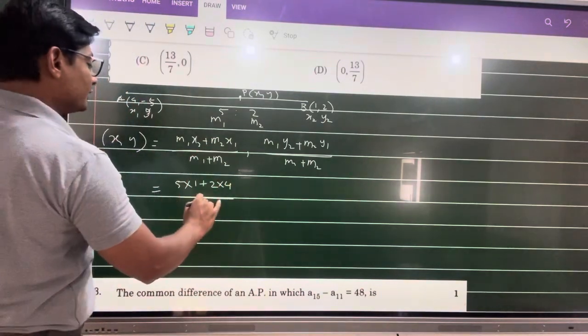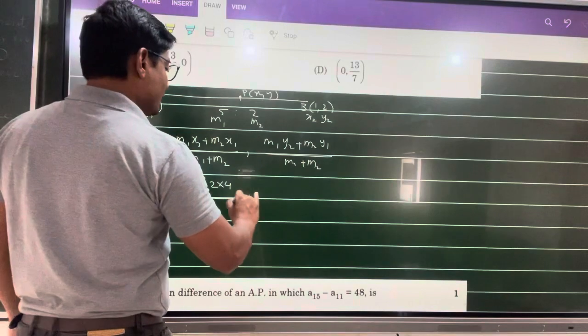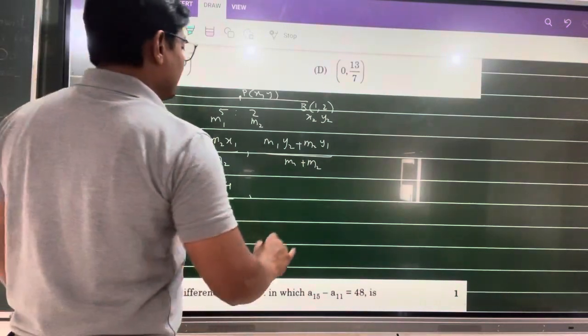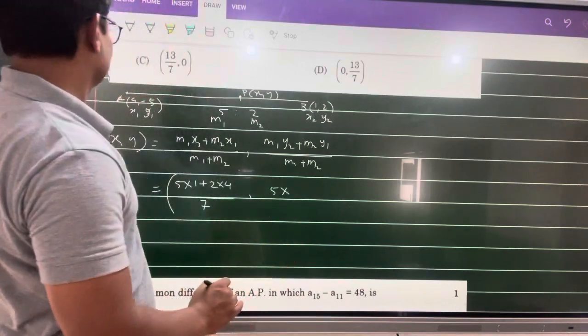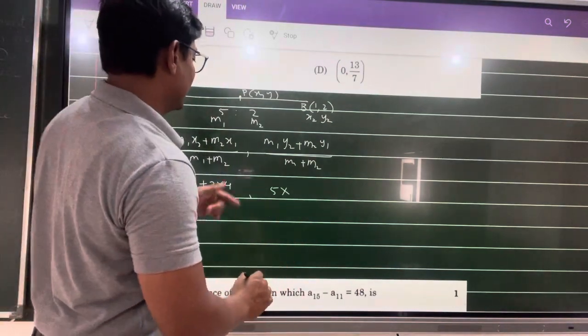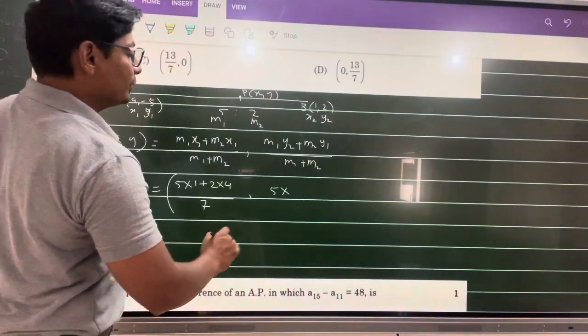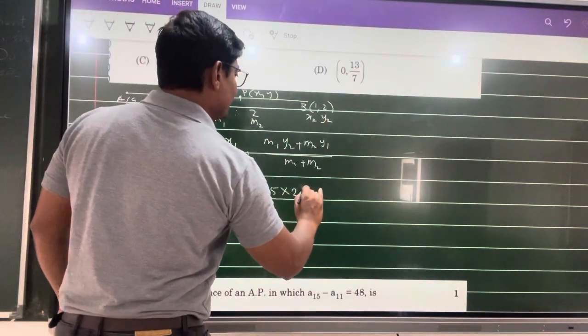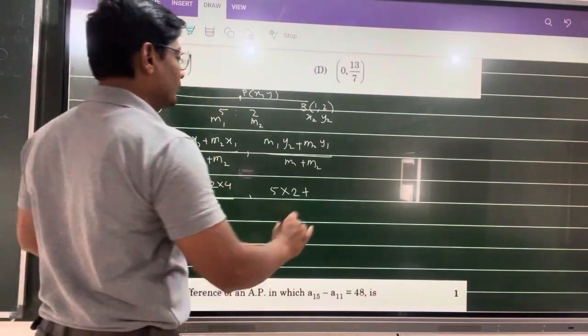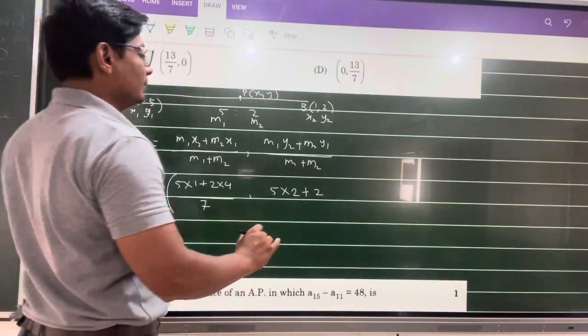Divided by m1 plus m2 is 5 plus 2, 7, and this side m1 y2, m1 is 5 and y2 is 2, then plus m2 is 2 and y1 is minus 5.